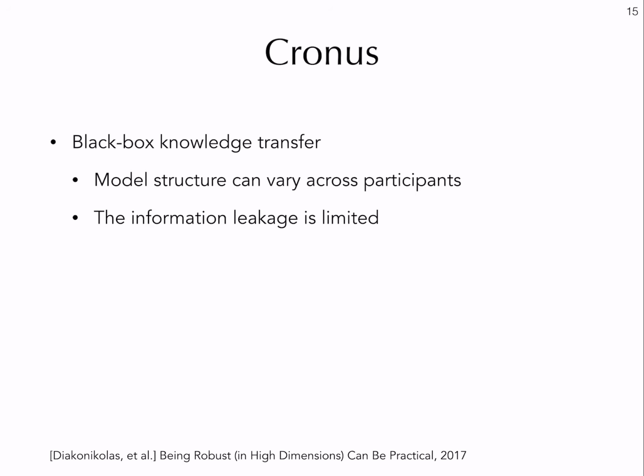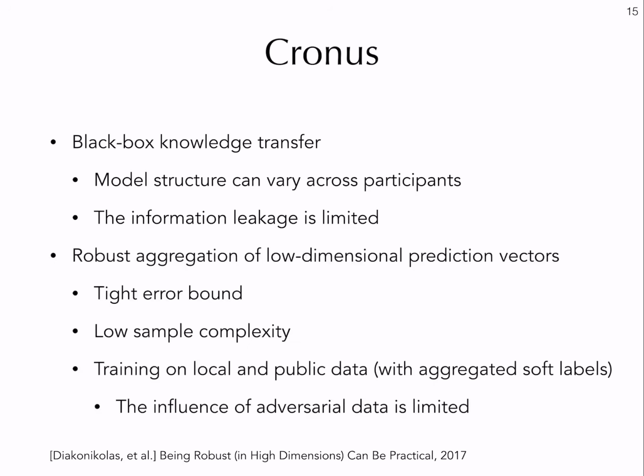And basically the robust aggregation of these prediction vectors is much more resilient to attacks because of the low dimensionality of the prediction vectors. So we can actually come up with very tight error bounds with low sample complexity.